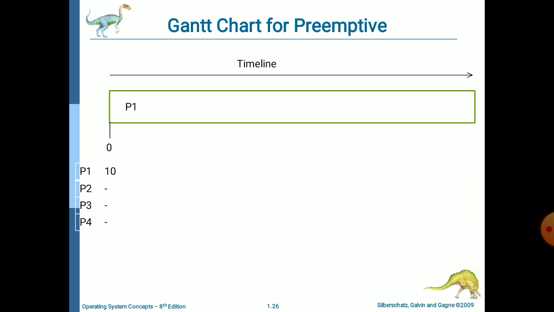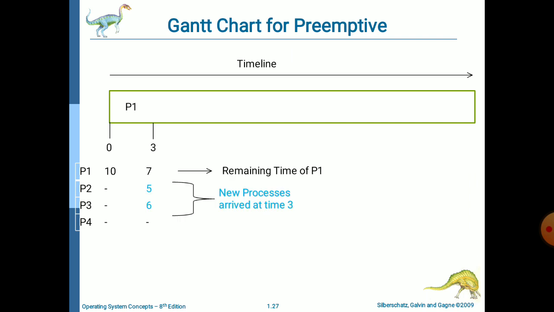Once P1 starts execution, at time 3, two new processes arrive. They have burst times 5 and 6, and the remaining time of P1 is 7. P1 has already executed for 3 milliseconds, and the remaining time is 7.